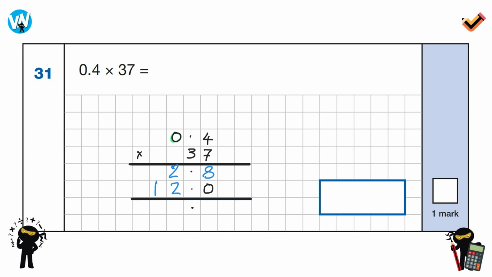And then we can add them up. 8 add 0 is 8. 2 add 2 is 4. That's 4. And then we've got the 1. So we've got 14.8. Very, very simple. Very effective.